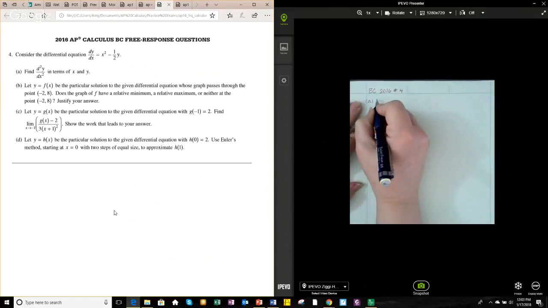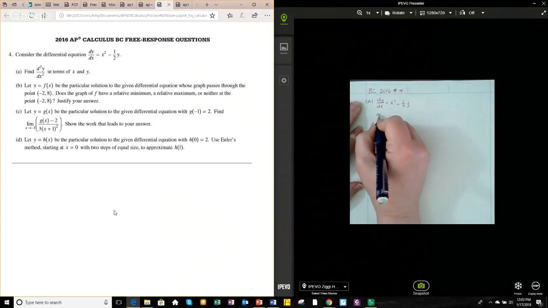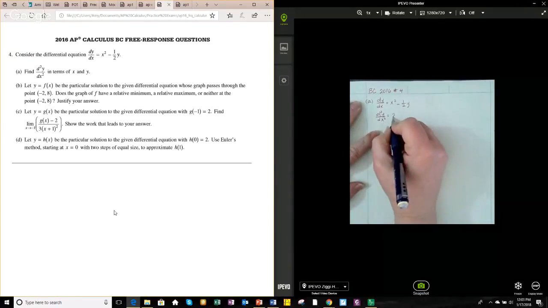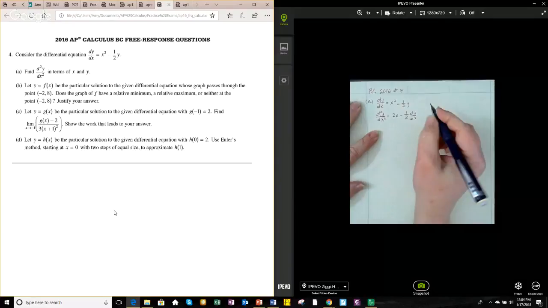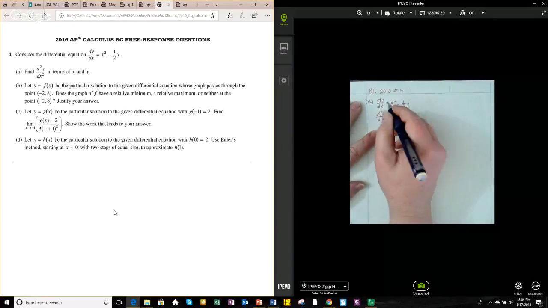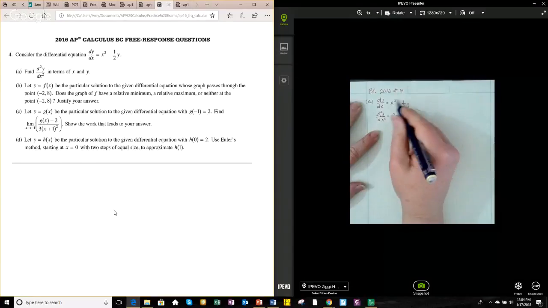If I know the first derivative is equal to x squared minus 1/2 y, I can take the derivative of this implicitly with respect to x, and I'm going to get 2x minus 1/2. And what's the derivative of y implicitly? Well, that's dy/dx. But what is dy/dx? We're going to have to substitute in for this. And dy/dx is nothing but this.